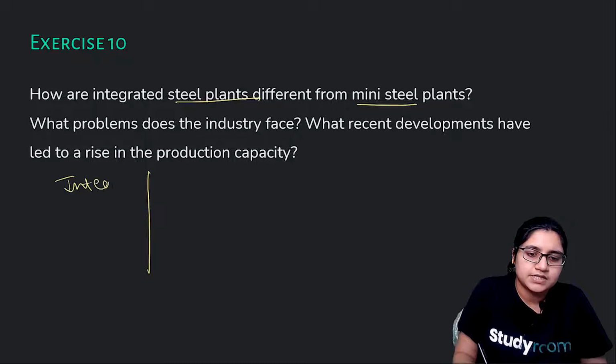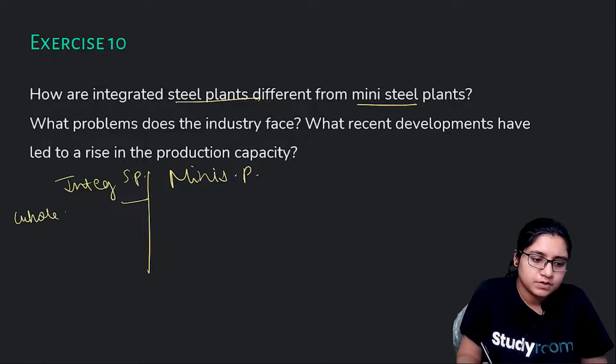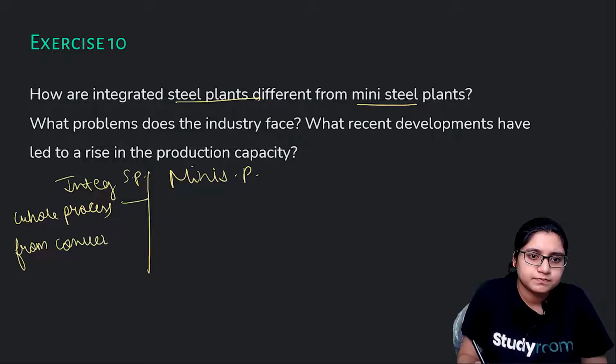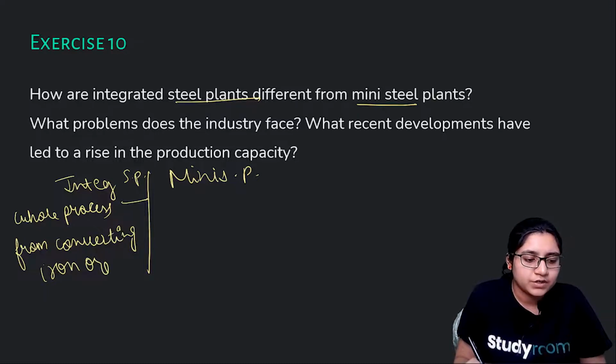So, discussing integrated and mini steel plants. An integrated steel plant puts together the whole process, from converting iron ore to the production and manufacturing of steel.